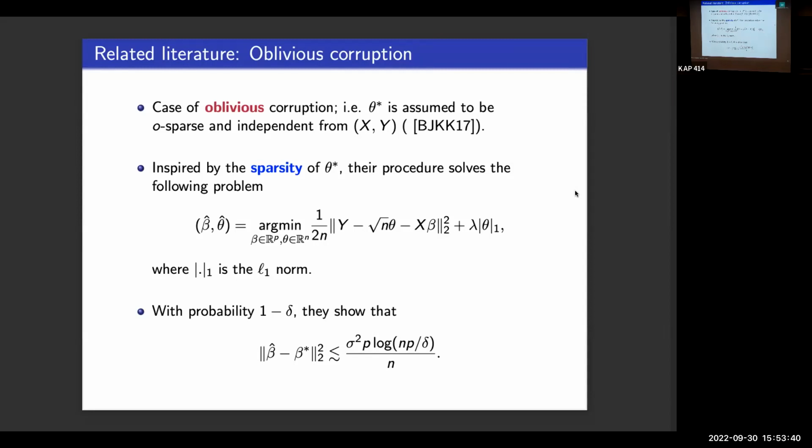Now what you're trying to do is estimate this full vector, and you only keep the first p coordinates. It's a regression problem in a bigger dimension, where you only care about a sub-vector of the whole vector.